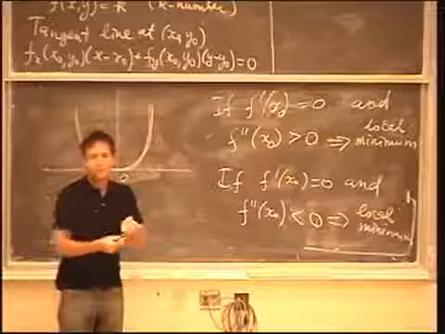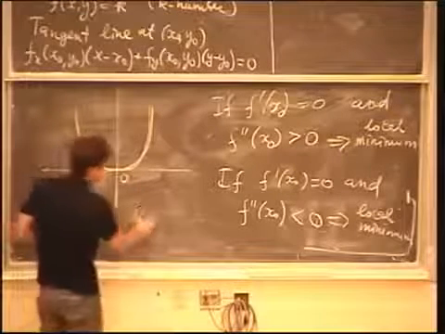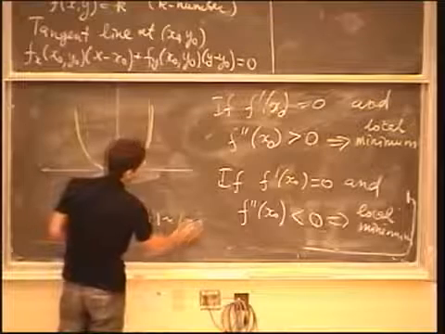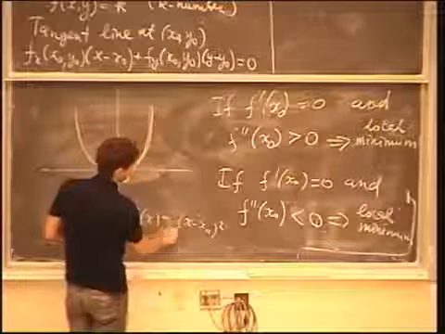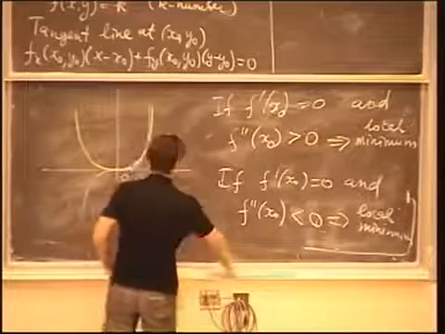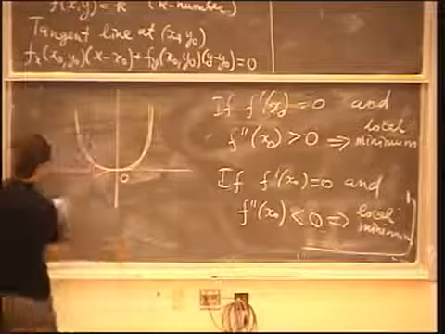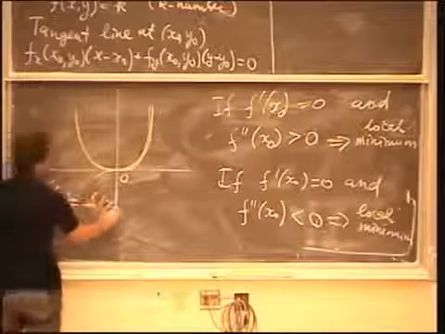So for example, if the second term is non-zero, that means your function looks like (x minus x0) squared times some coefficient, right? What I'm trying to explain is the following. Let me do it more slowly. The Taylor series looks like this.